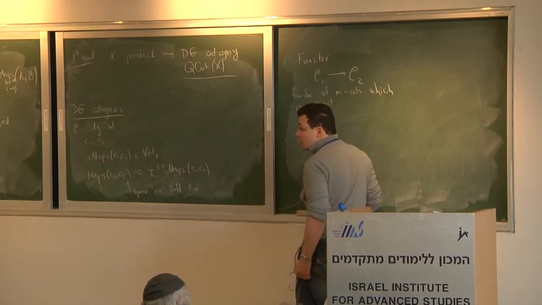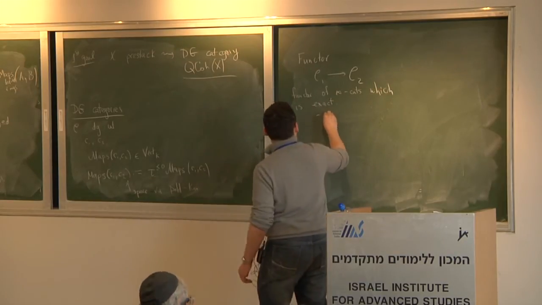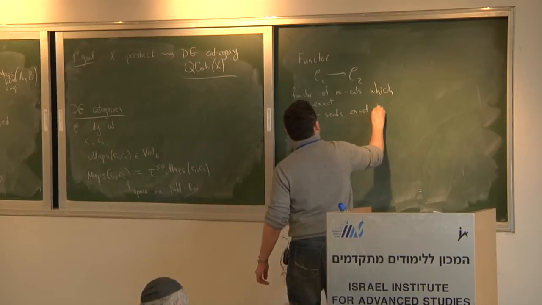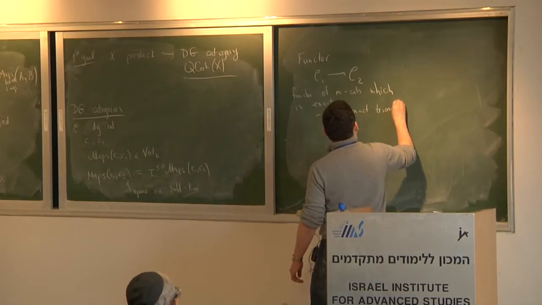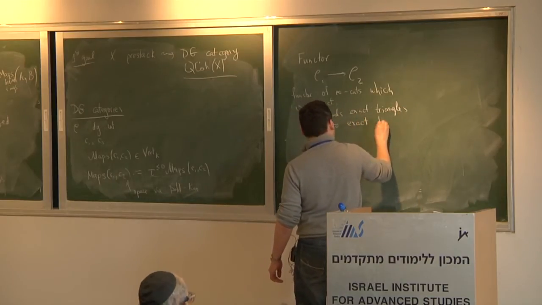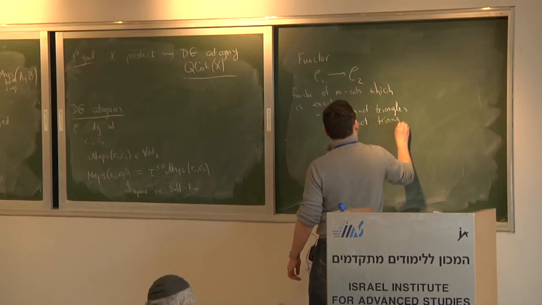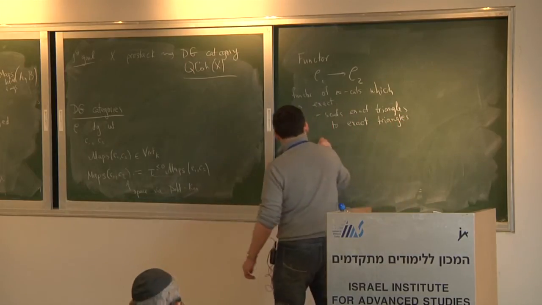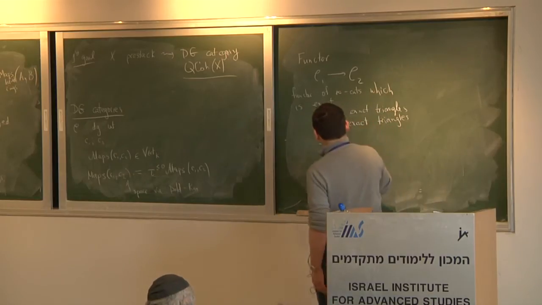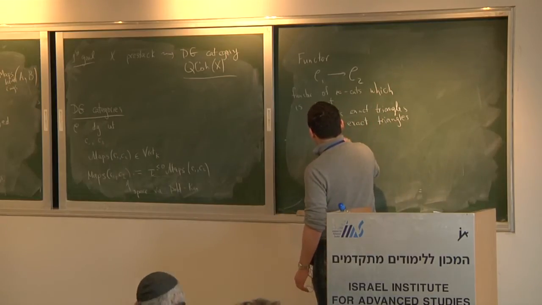So exact means, well, there's a notion of an exact triangle. So it sends exact triangles to exact triangles. That's one way of saying it. And another way of saying it, slightly more abstractly, but equivalently, is that it preserves finite colimits.